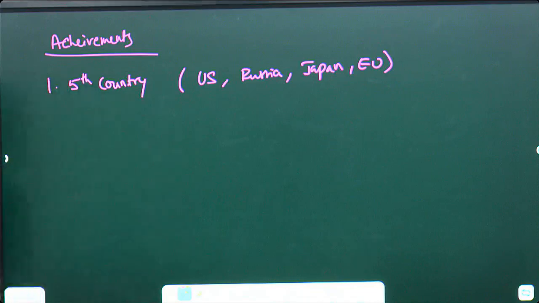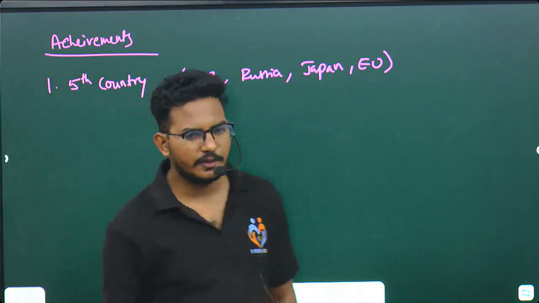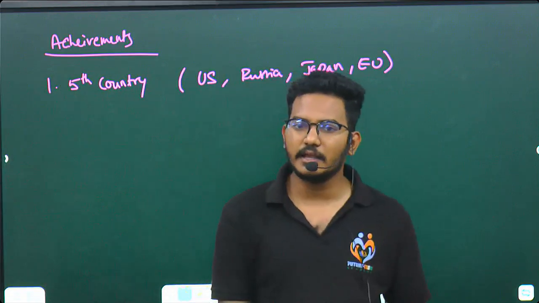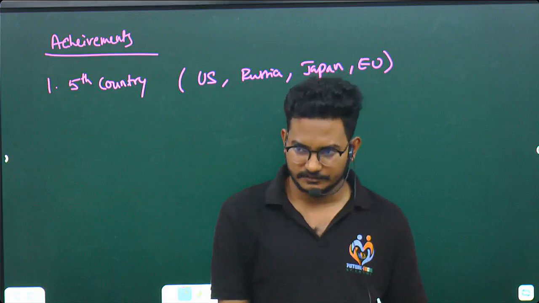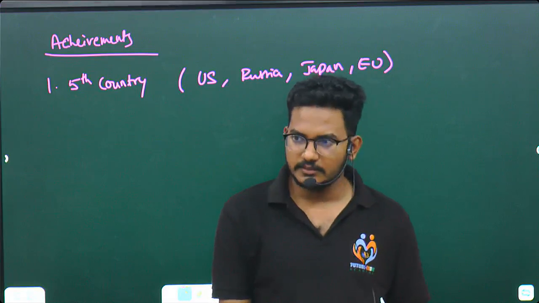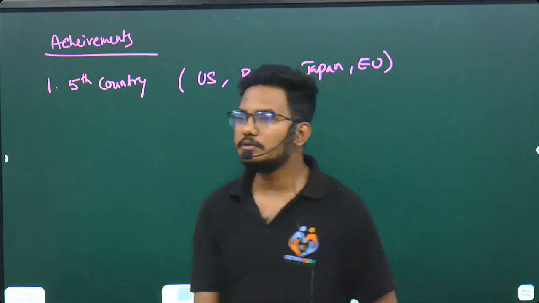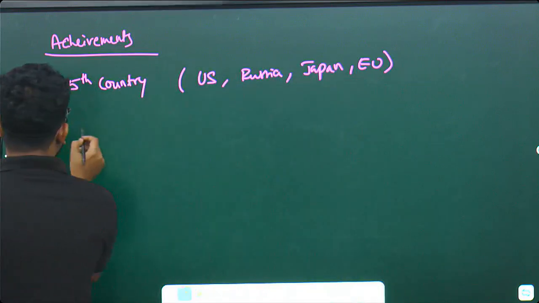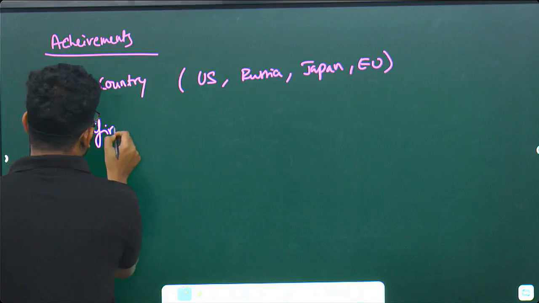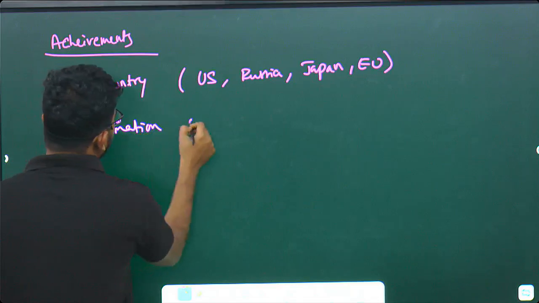And you know what? Before that, people used to make assumptions saying there is water on the moon surface. But this Chandrayaan 1 confirmed that there is water on the moon surface. So the second achievement is confirmation of water on moon surface.